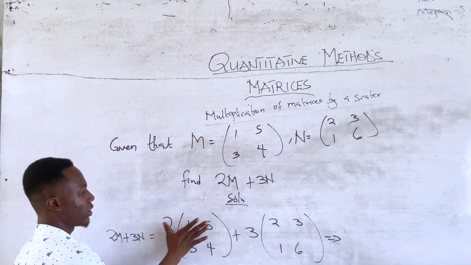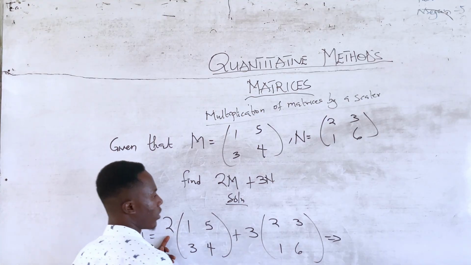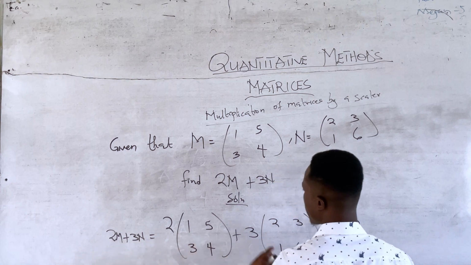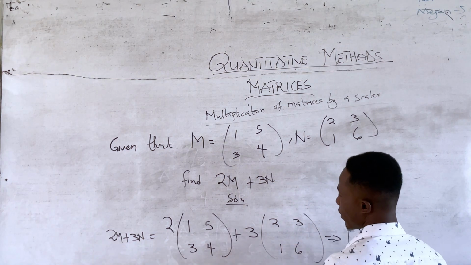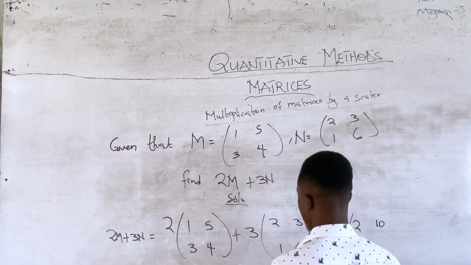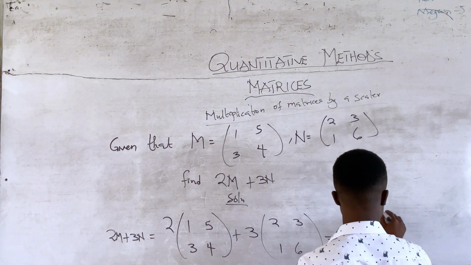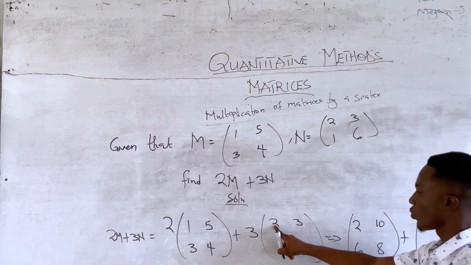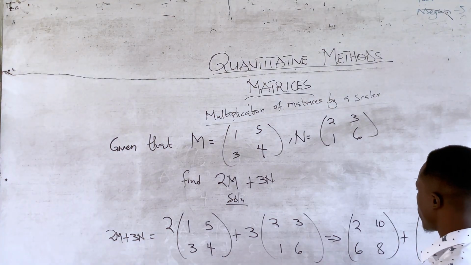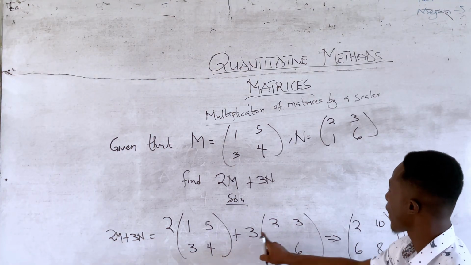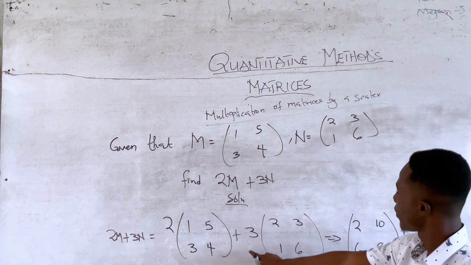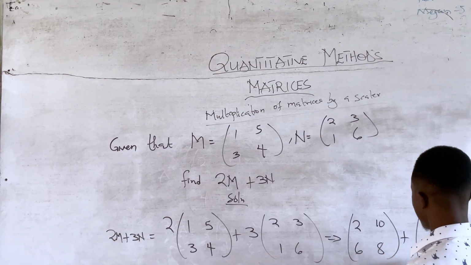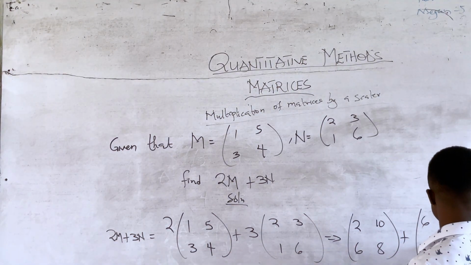Now we are going to expand the matrices. So 2 times 1 is 2, 2 times 5 is 10, 2 times 3 is 6, and 2 times 4 is 8, plus 3 times 2 is 6, then 3 times 3 is 9, 3 times 1 is 3, and 3 times 6 is 18.